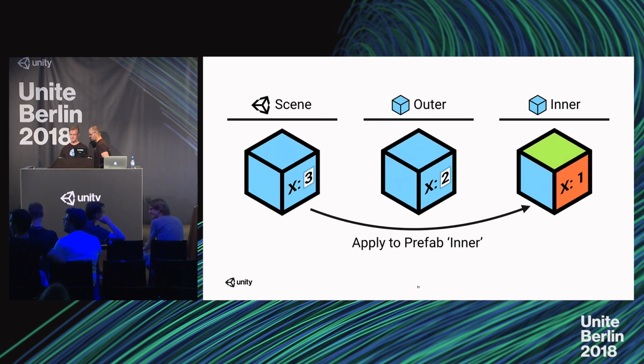In this situation, when I save it, the 3 will go to the inner, and then the outer will lose its override. Okay. So if I unpack this one on the left, the scene instance, the one on the scene, then what would happen?